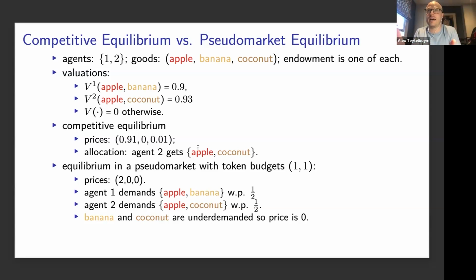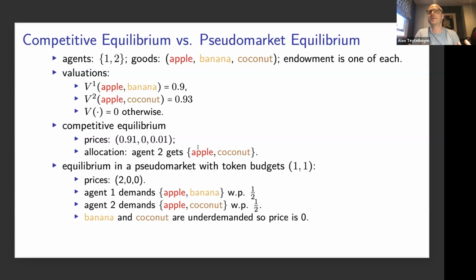There's some probability of that. And to make sure that I do a lottery over actual allocations, it's not enough for me to just give you all independent lotteries, because they might all conflict with one another. So I need to come up with a lottery over allocations that's going to mimic what agents want in this equilibrium. So this is what I will later call feasibility. It's also known as realizability, or sometimes implementability.